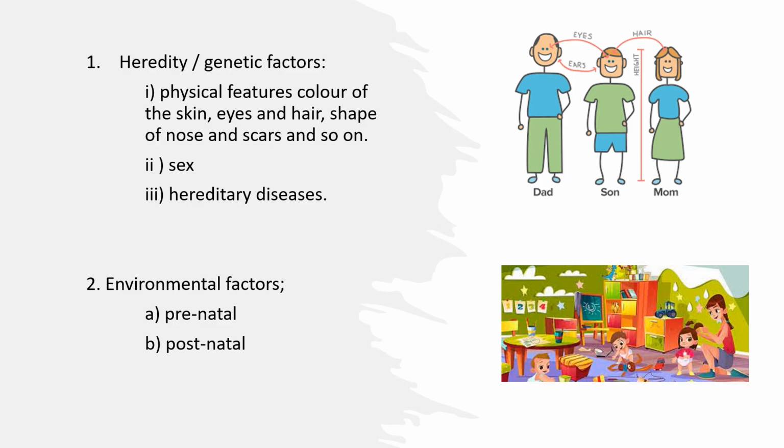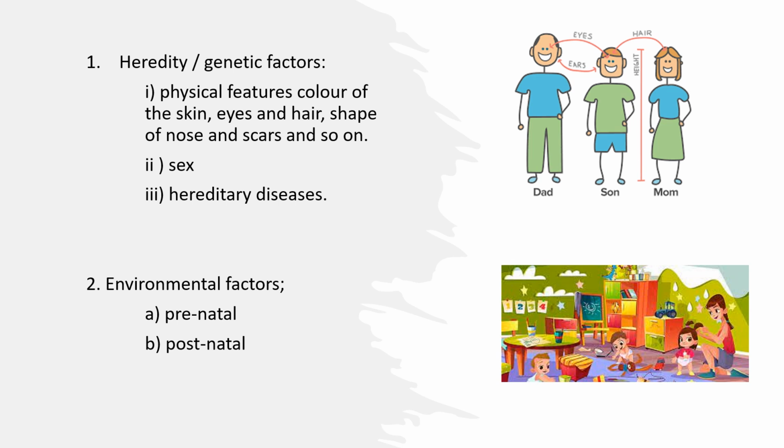Coming to heredity, we can call it a genetic factor also. It's just like our physical features, color of the skin, eyes and hair, shape of nose, and so on. So if your father is very tall, you also may grow taller. If your mother is shorter, maybe you will not grow shorter. Whose heredity is expressed as a phenotype depends.